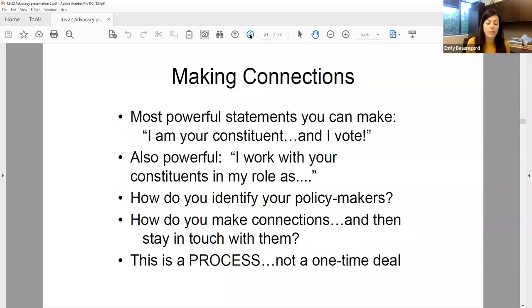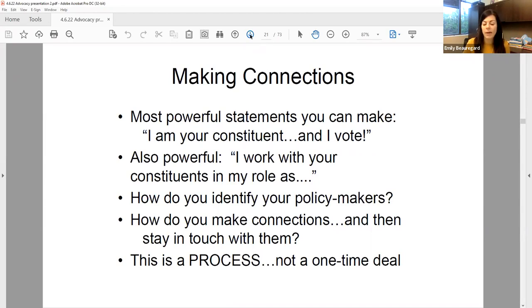If you're a member of a board of health, or if you're serving on an advisory council, you're representing constituents of probably several legislators. And then as a health professional, you may also represent the needs of patients, staff, and the communities that you serve. So it's good to figure out which of these hats you're wearing. It can often be more than one. And then you can identify the policymakers that you need to connect with.